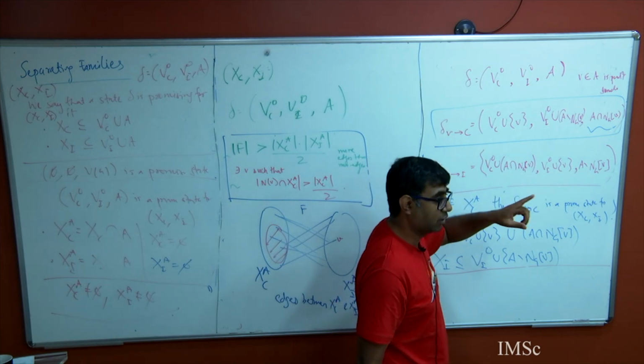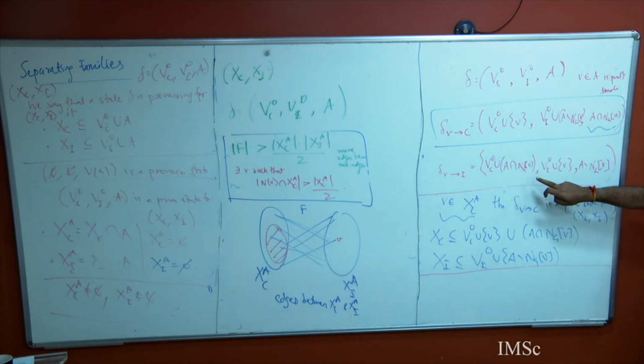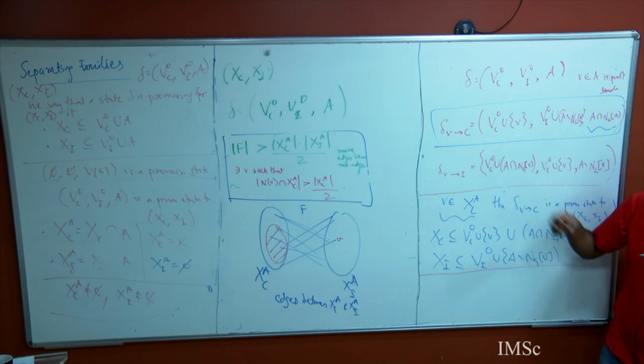A intersection NG of V is put here. Look at that XC. The remaining vertices of the clique side, you have put half the vertices of that clique side into your VC0. This is what you do, not anything else.